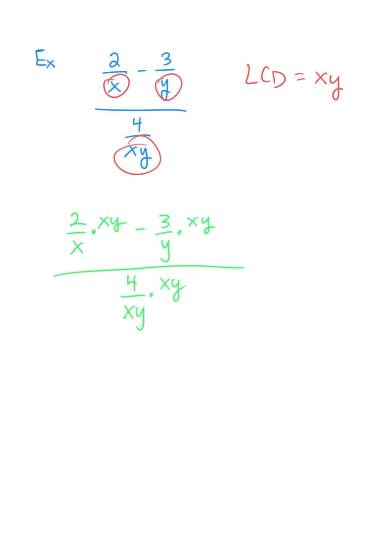Then I start canceling what I can cancel. So I'm left with 2y minus 3x over 4. And then I need to take into account that x and y cannot be 0. And then I'm done.